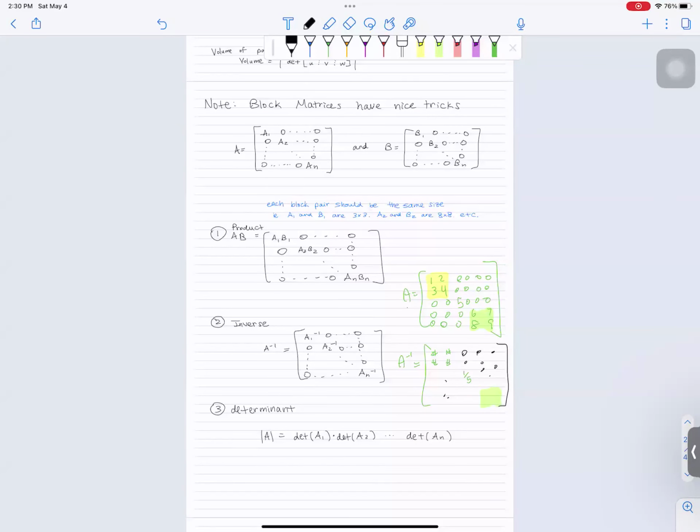It would depend on if things row reduce. See how this 2 here, I could get rid of the 2 by subtracting 1/2 of row 2 from it. So I would have to keep row reducing everything, and probably this would become a 0.